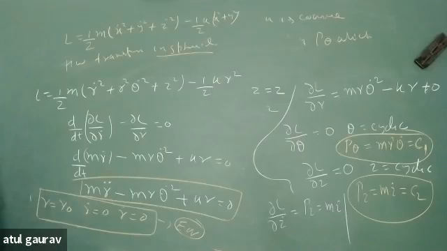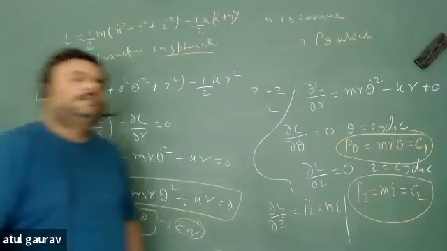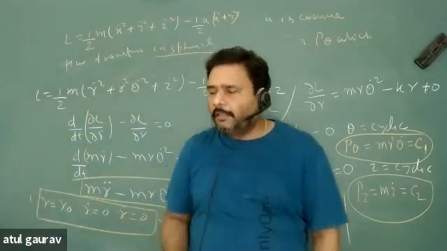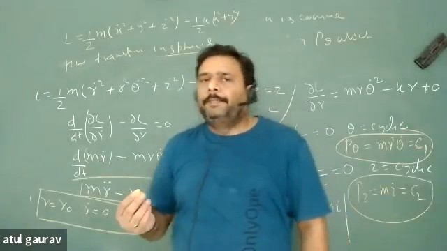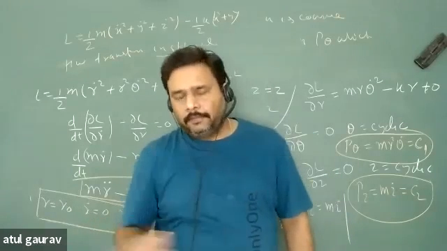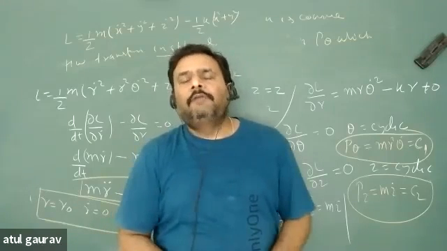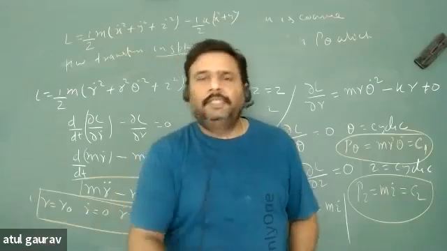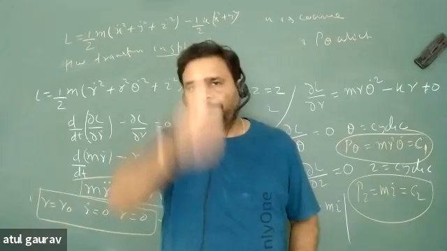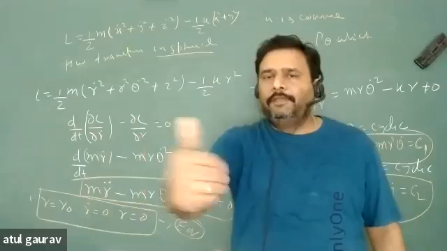So in this problem, how do we get to know the direction of angular momentum p theta, which is in the z direction? Don't worry. This is cylindrical coordinate. In cylindrical coordinate, the particle is rotating in the xy plane, isn't it? Yes, sir. If the particle is rotating in the xy plane, then the direction of r cross v is in the z direction, because r is radial and v is tangential.